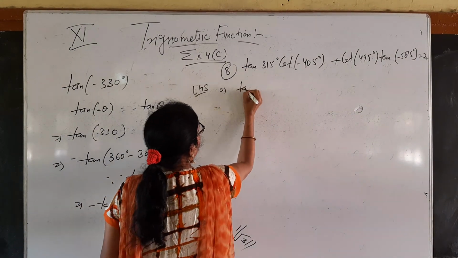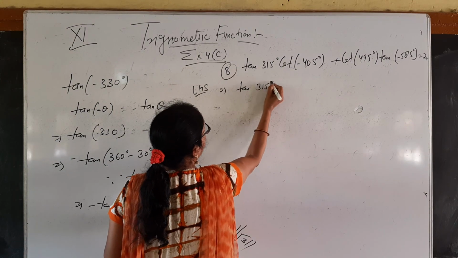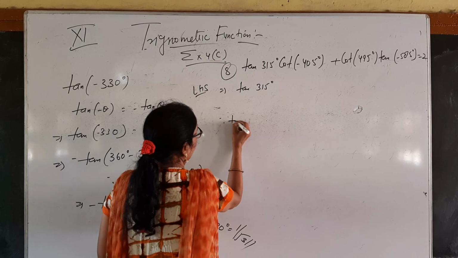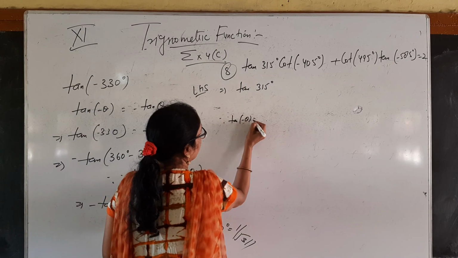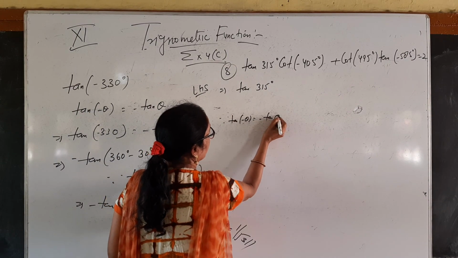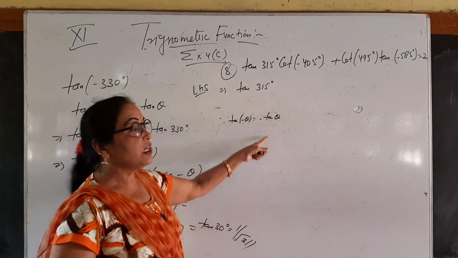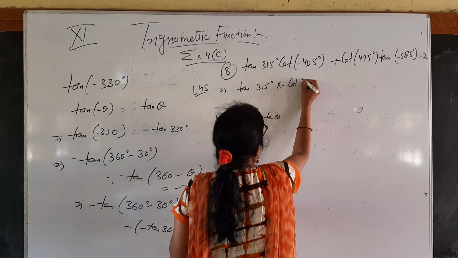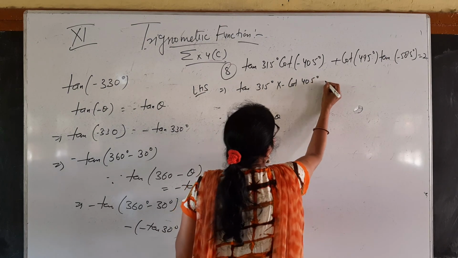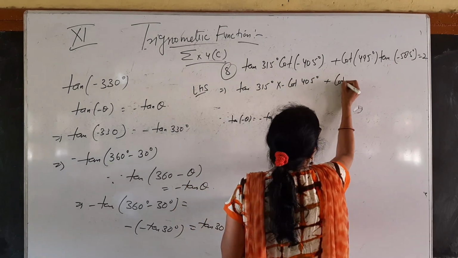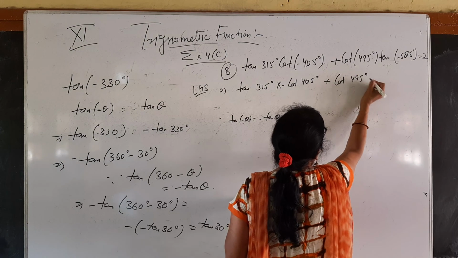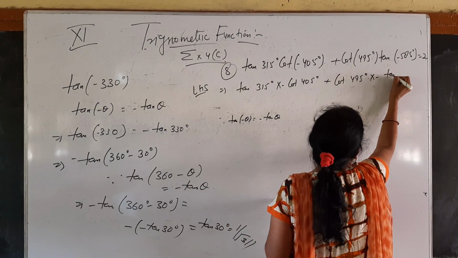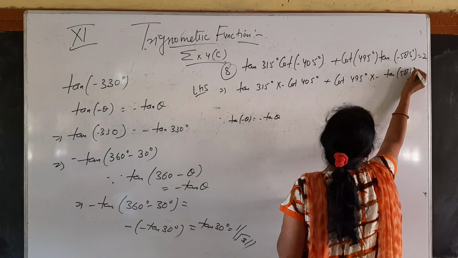So it is tan 315 degree into cot, since we know that tan minus theta is equal to minus tan theta. So cot is given, so it will be minus cot 405 degree plus cot 495 degree into tan minus theta, which will be minus tan 585 degree.